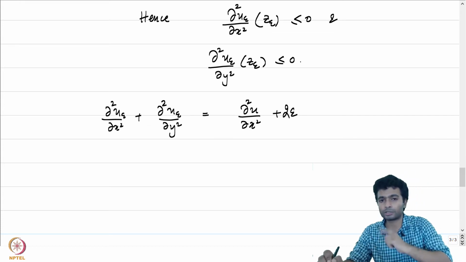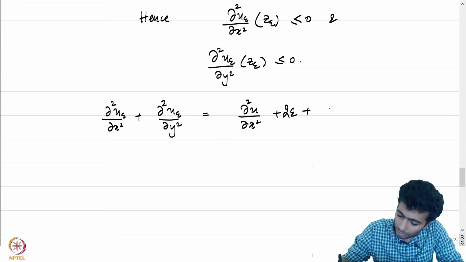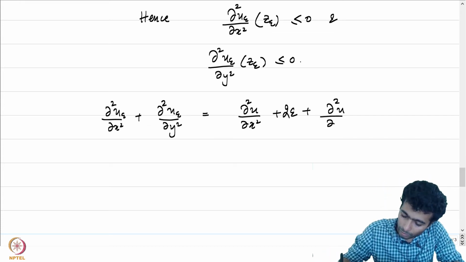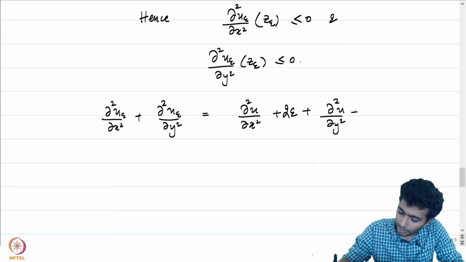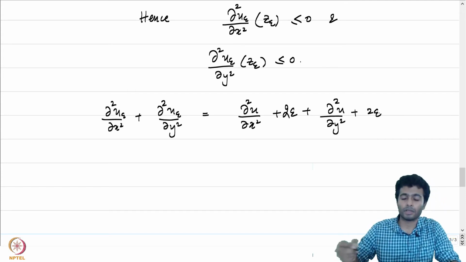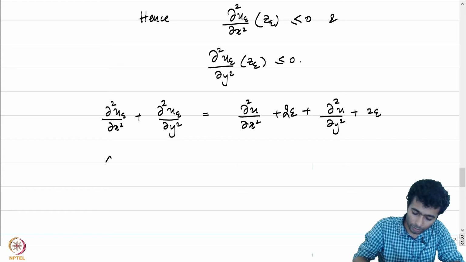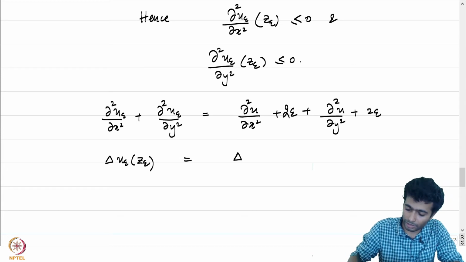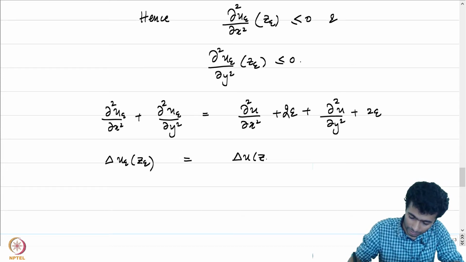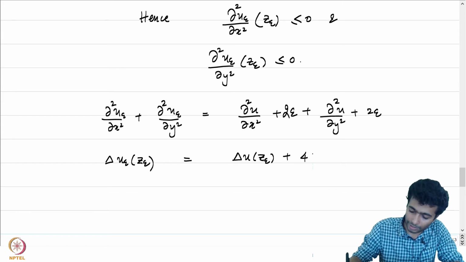So this is going to be plus 2 epsilon. And similarly, this is going to be dou square u by dou y square plus 2 epsilon. And if you look at the Laplacian of u epsilon at z epsilon, this is going to be equal to the Laplacian of u at z epsilon plus 4 times epsilon.